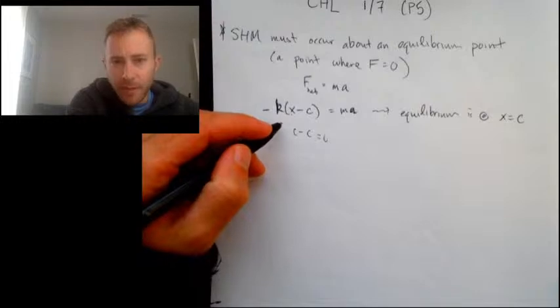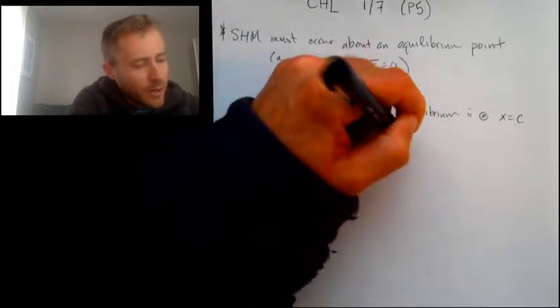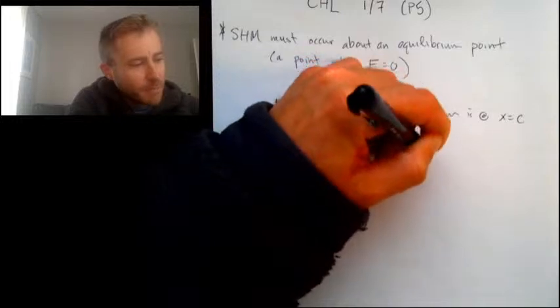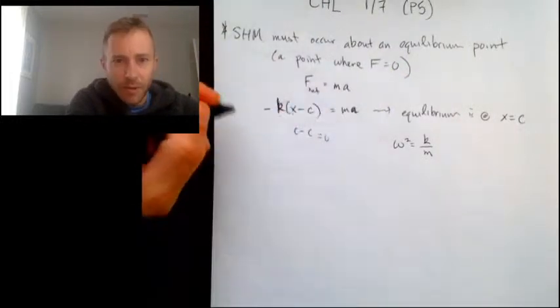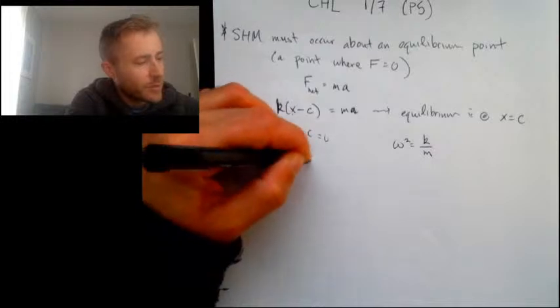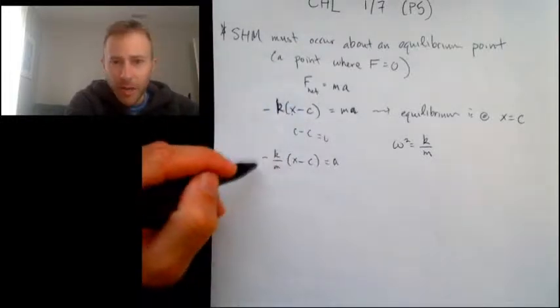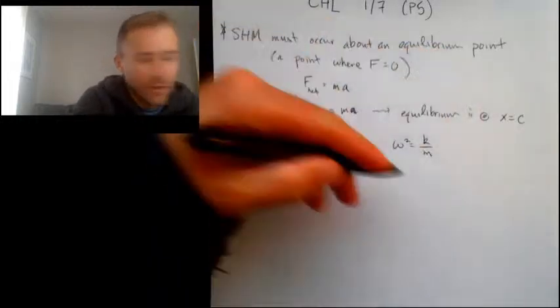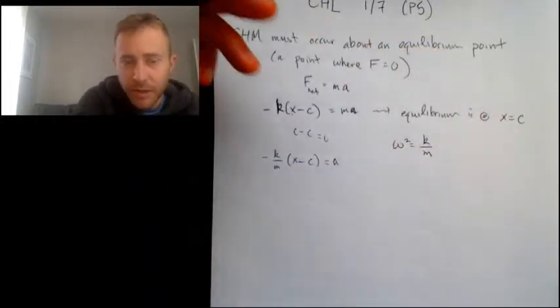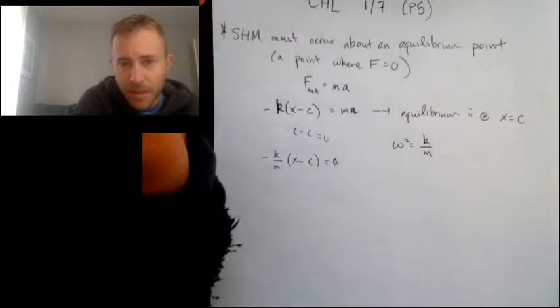Omega squared is still going to be k over m. If I divide the m over, I get minus k over m times x minus c equals a. So the period is not affected, but the location of the equilibrium is not x equals 0.